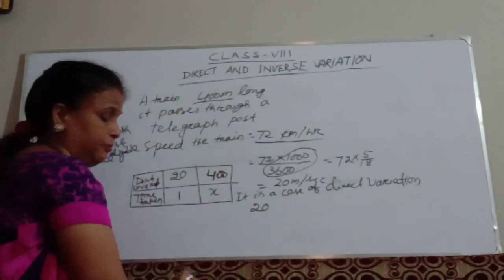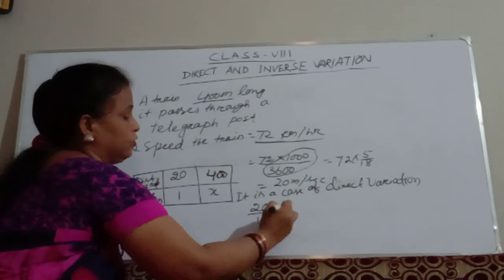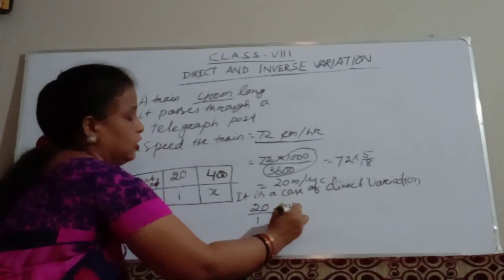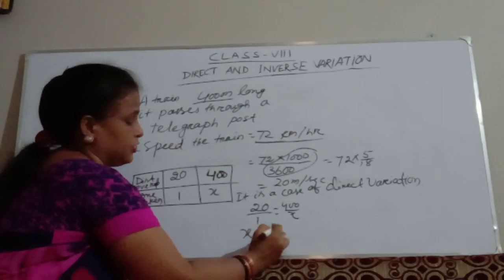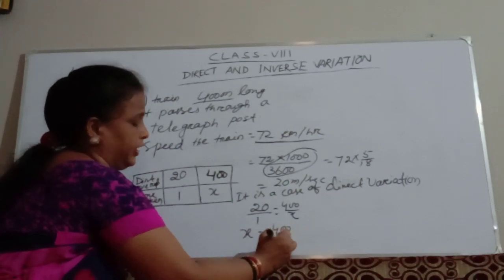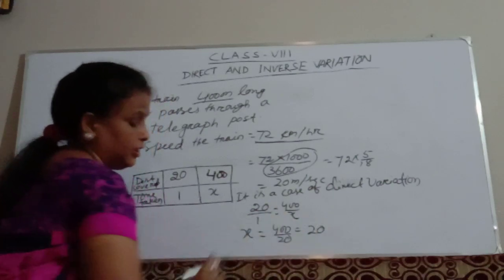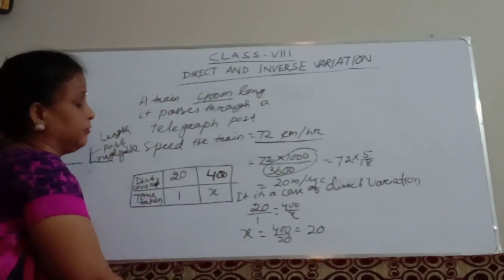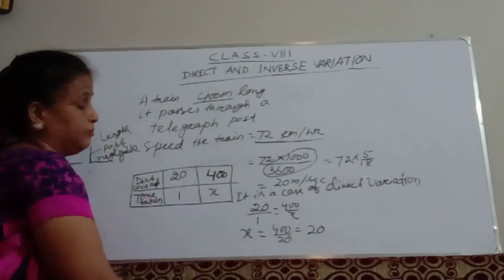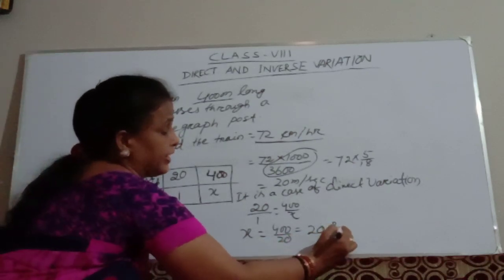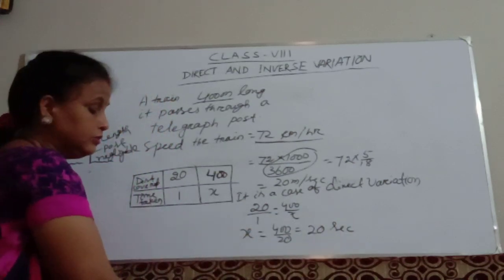Then 20 by 1 is equal to 400 by x. So x is equal to 400 by 20, that is 20. This 20 is time, that means 20 seconds required.